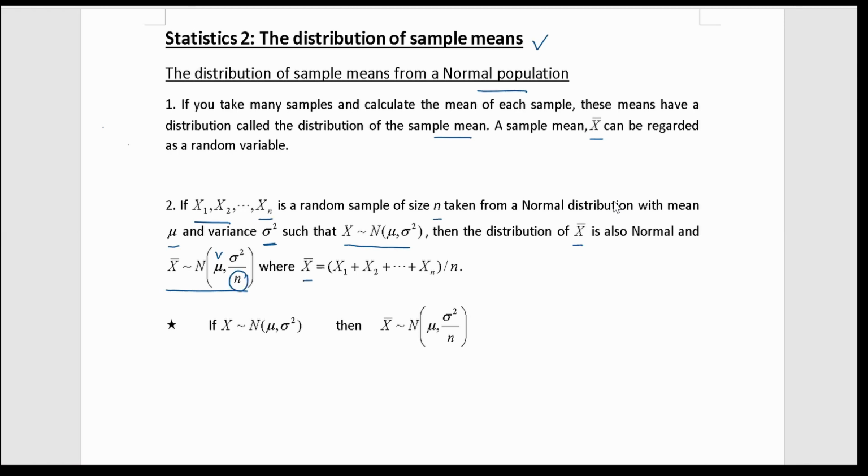Where x bar, as we mentioned, is the sample mean: taking all the samples, summing up, divided by the sample size. Now, let's look at an example here.